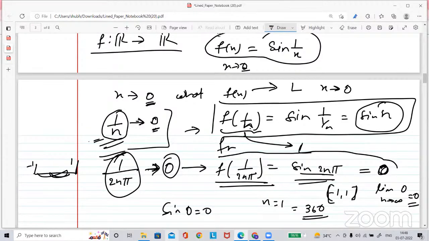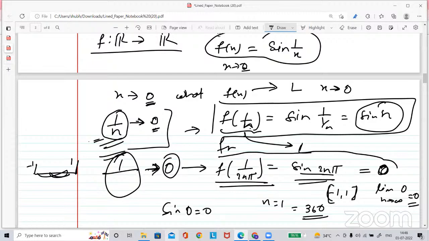If I change it by pi by 2, or minus something, sometimes it is going to -1. And if you change it with a proper sequence, 1 upon n pi gives you 0, or 4n plus 1 pi.